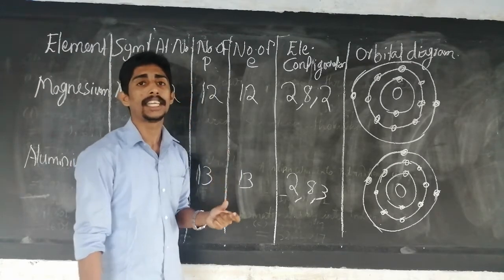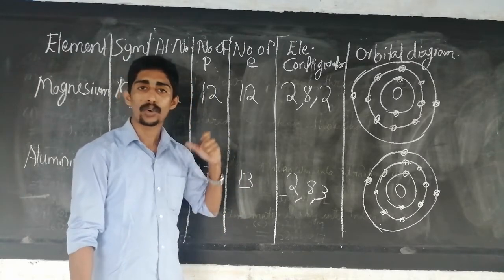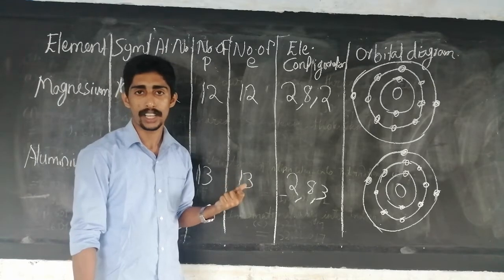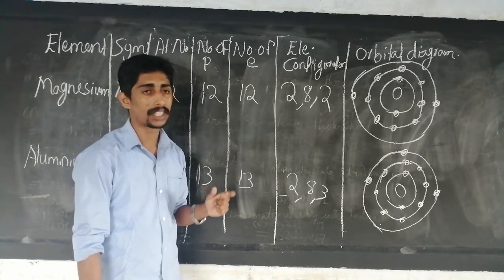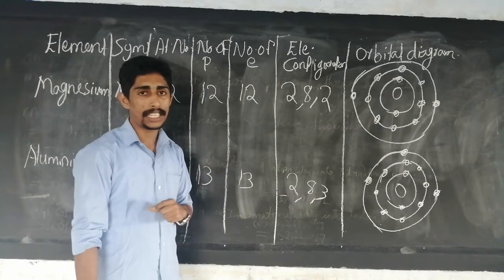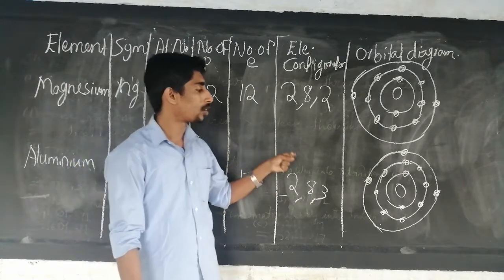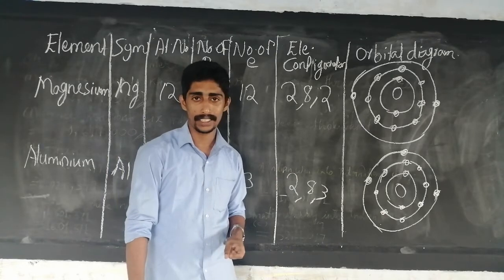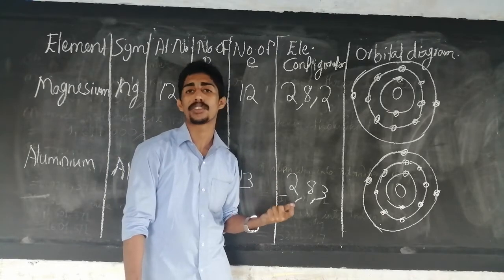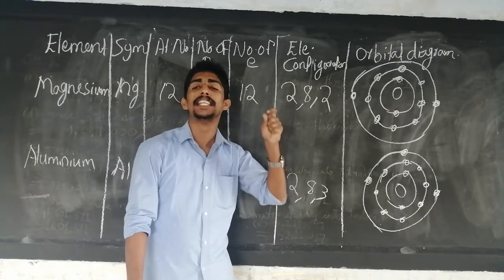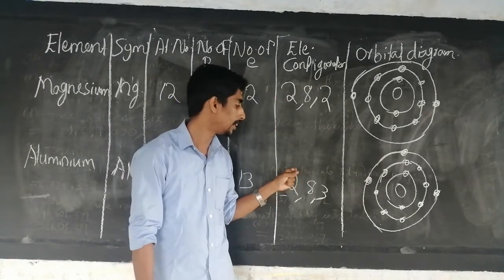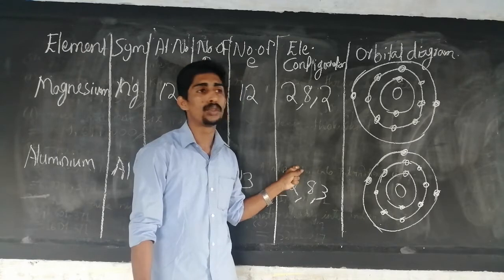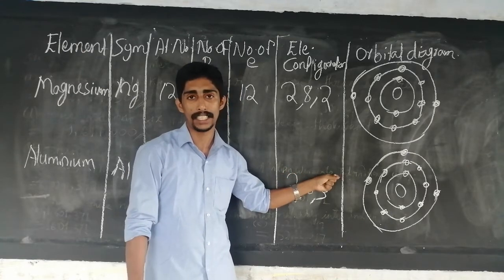From these 13 electrons, 2 electrons will go to the first shell. So how many electrons are remaining? 11 electrons. From these 11 electrons, 8 electrons will go to the second shell. Then how many electrons are remaining? 3 electrons. These 3 electrons will go to the third shell. So we will get the electron configuration as 2, 8, 3.